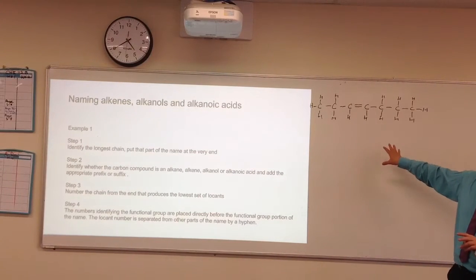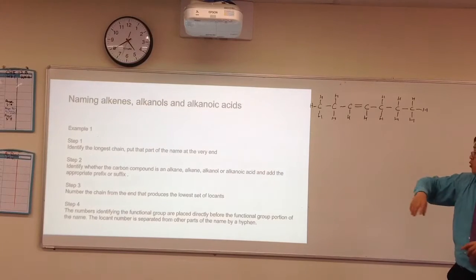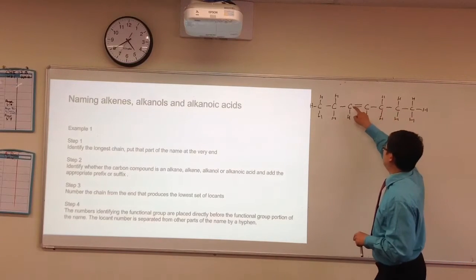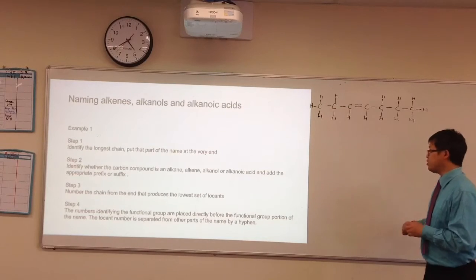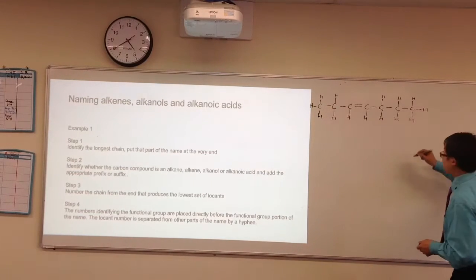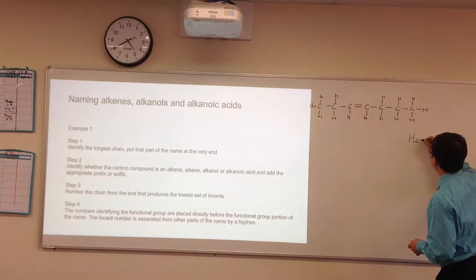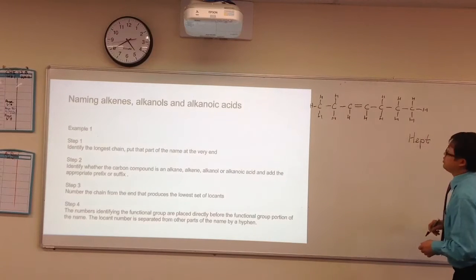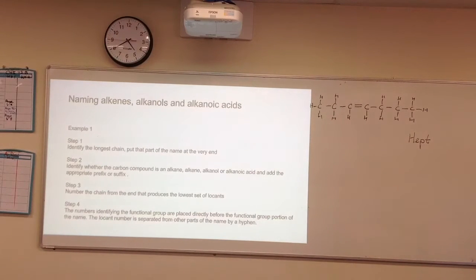Now this one is a no-brainer because when you look at it straight, all you have to do is count: 1, 2, 3, 4, 5, 6, 7. So therefore, you will have a "hept" as a prefix to identify the fact that there's 7 carbons in this particular chemical.